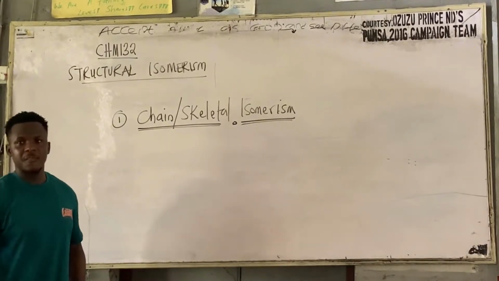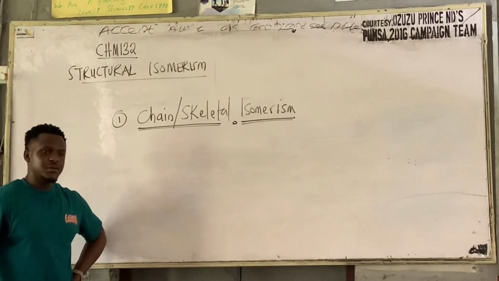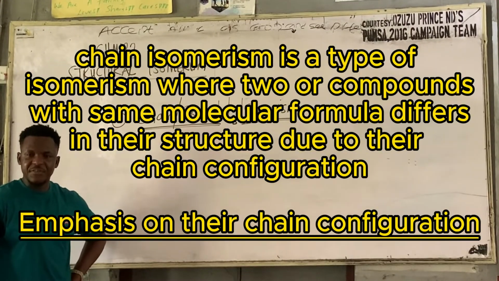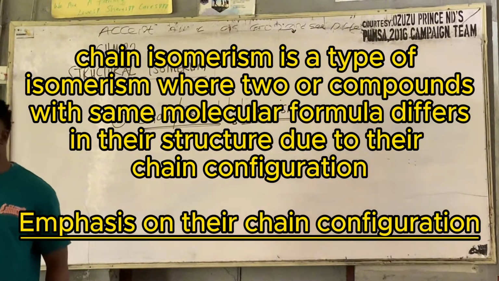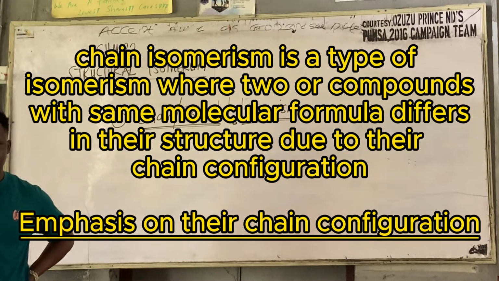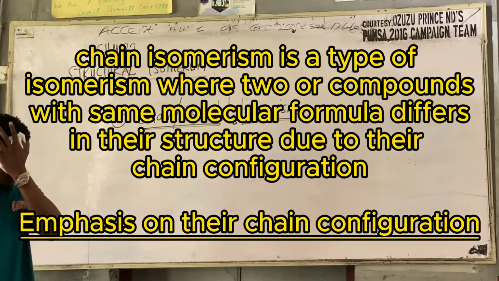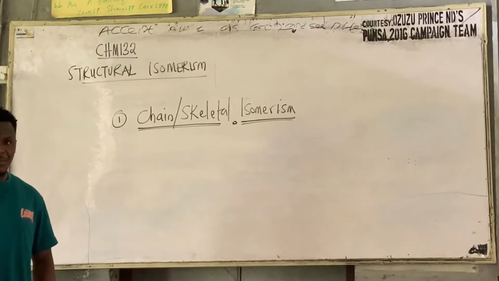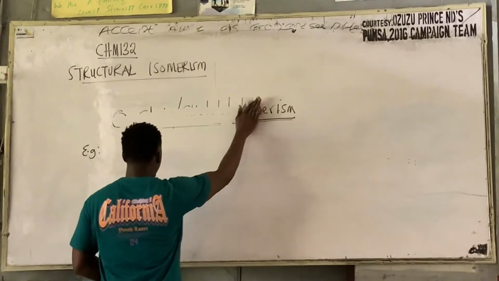Chain or skeletal isomerism is a type of isomerism whereby two or more compounds with the same molecular formula differ in their chain configuration or chain arrangement. Let me give us an example.